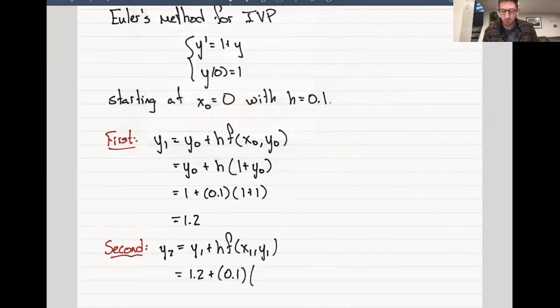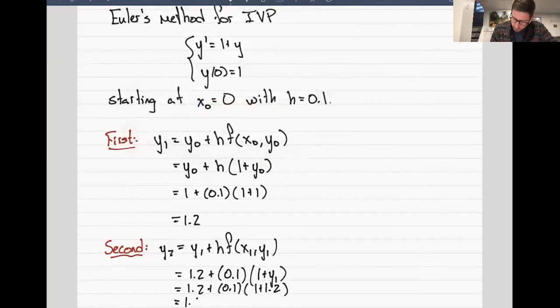And we said f was 1 plus y1. So maybe I'll just write it first just so that we can see it. And so here now I get 1.2 plus 0.1 times 1 plus 1.2. And here you might have to crack out your calculator. You get 1.42.